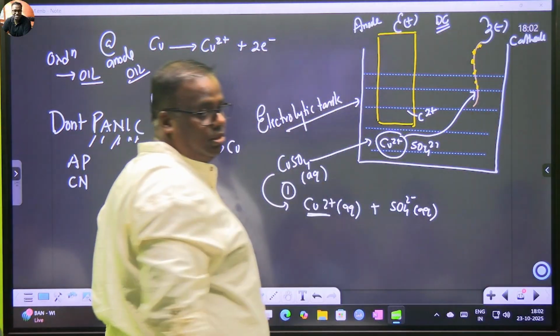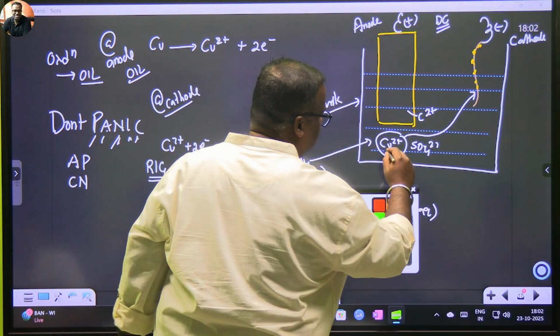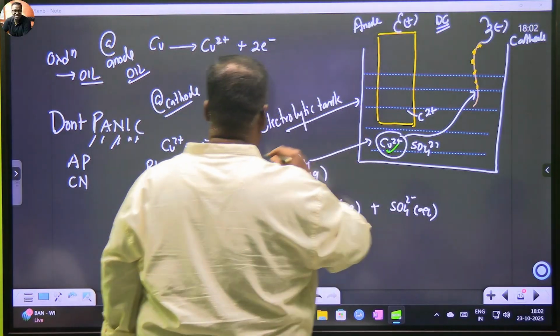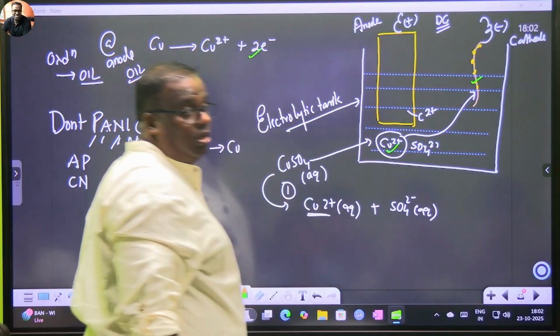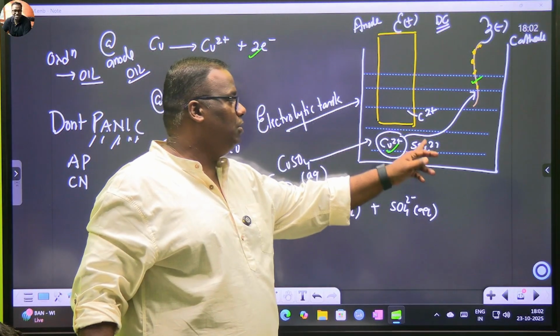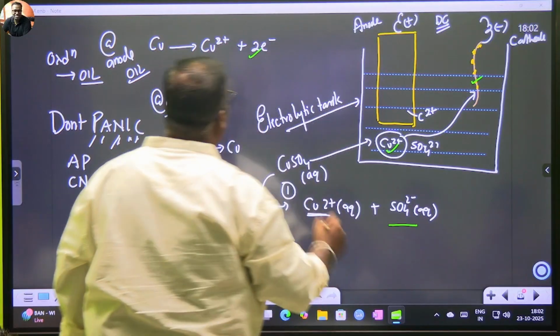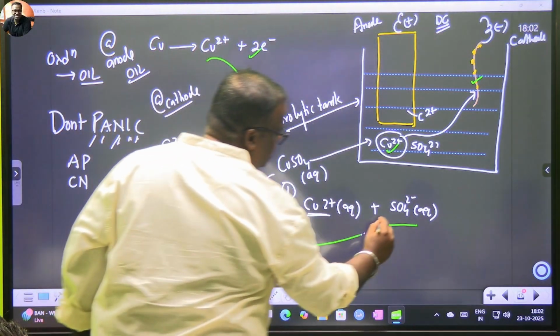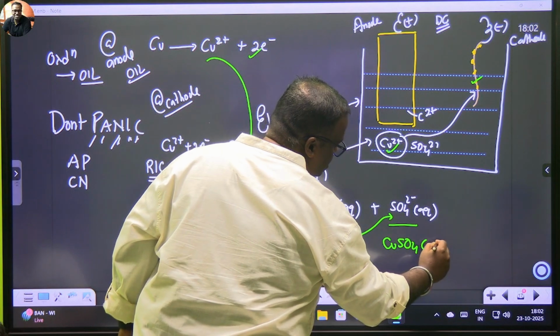Agreed? So let's see what all stories we have cleared. The copper and the electrons have been cleared, and this copper has gone here. Now we still have the story about this copper and this sulfate. This sulfate was standing alone, and this copper now comes and pairs up with this sulfate and reunites as copper sulfate aqueous.